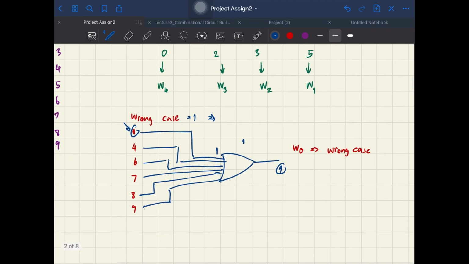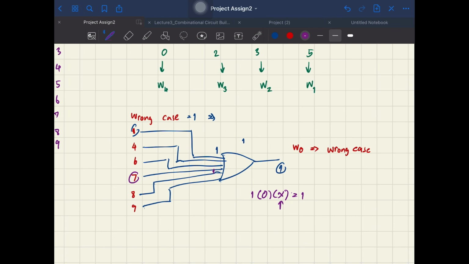So the OR gate will give 1 if you press any button of this kind of number. So another example, if I press 7, it will be 1 here, and the output is also 1, because 1 OR with maybe 0, maybe x as a don't care term or anything, the output will be 1. So if I want the wrong case as 1, I will use an OR gate.